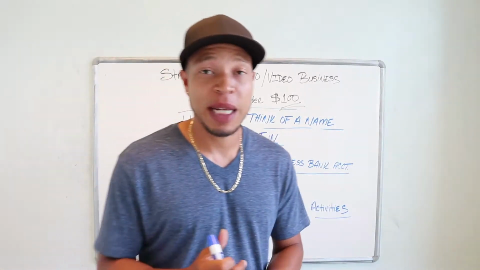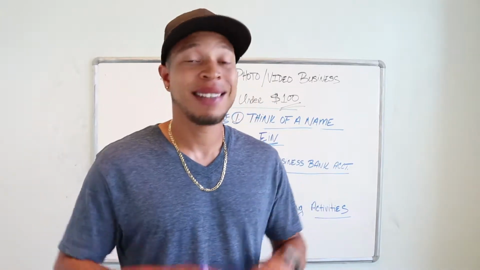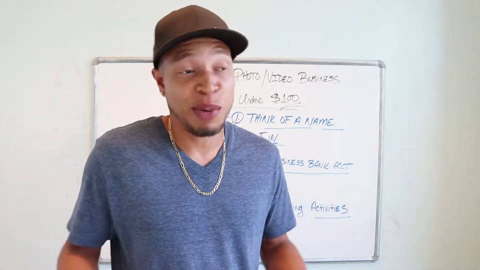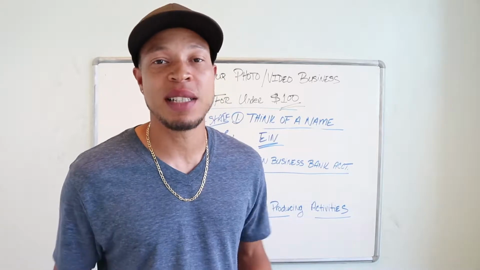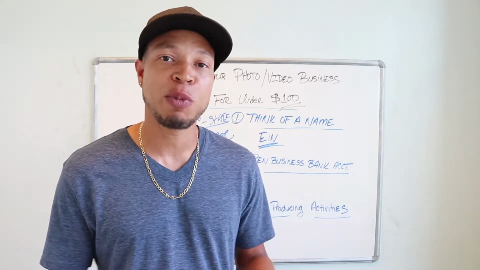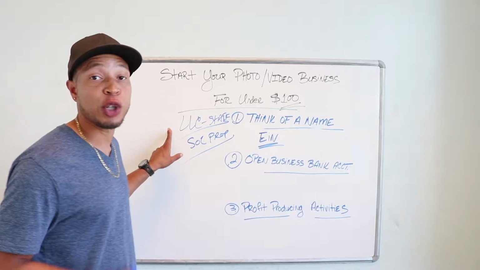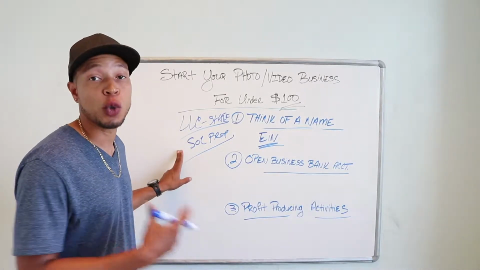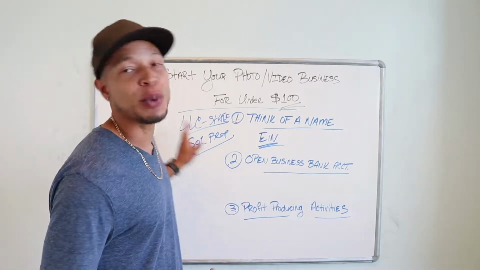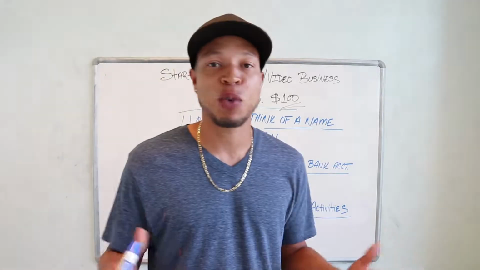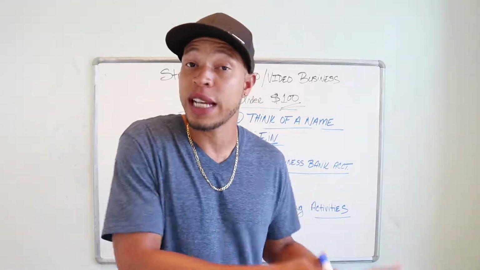Okay, so now you got your name done, you file for your EIN. The last thing that you have to do is, well, you have to pay to set the actual business up. So the 2 options that we spoke of before is you can either go LLC or you can go with sole proprietorship. Now, when it comes to an LLC, they have all types of ways that you can set this up. You can go through your state's website.